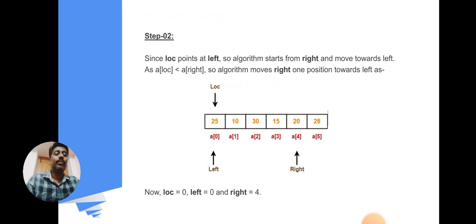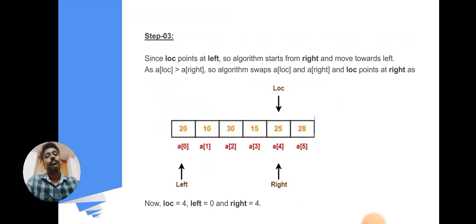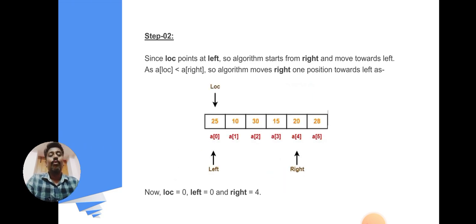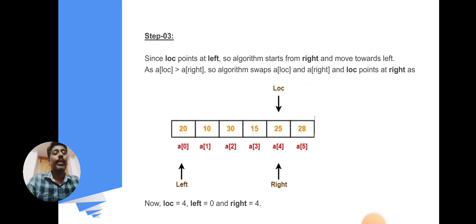So the location is 0, left is 0, and right is now 4. After the movement, 25 is moved to A of 4, then A of 4 is moved to A of 0. That means swapping occurred here.